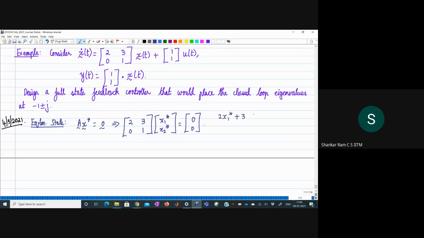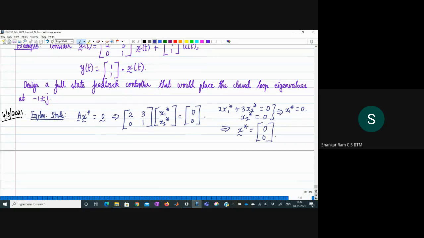If you multiply the first row of A with the column vector x1 star, x2 star, we get 2 x1 star plus 3 x2 star equals 0. And the second equation will give us x2 star is equal to 0. So this implies that x1 star is also equal to 0. Consequently, the equilibrium state is the origin. This is something we can clearly identify.